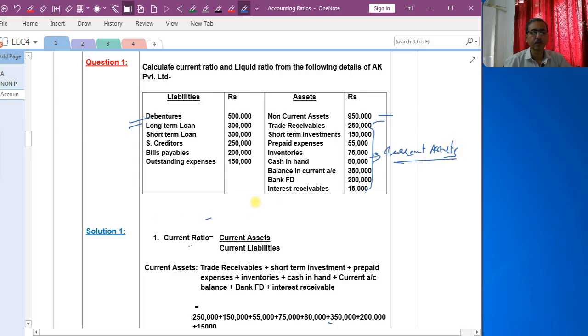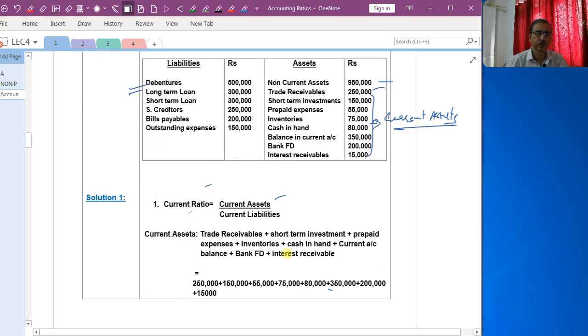Now what is the current ratio? We have seen the current ratio is current assets upon current liabilities. I will not solve this question in detail here because it is simple. We will first understand through this question the basic concept of current ratio and liquid ratio.